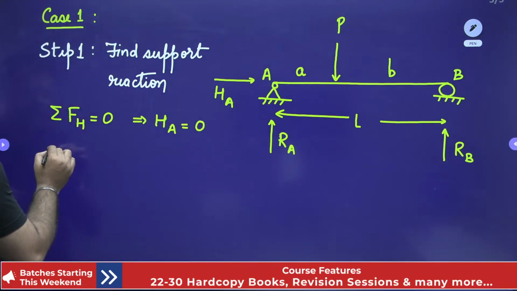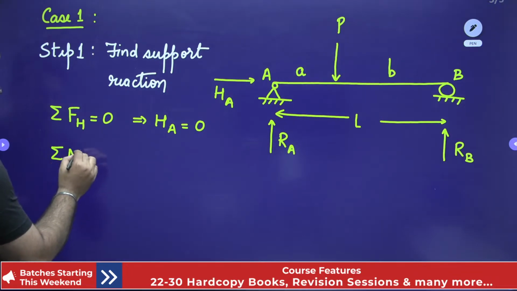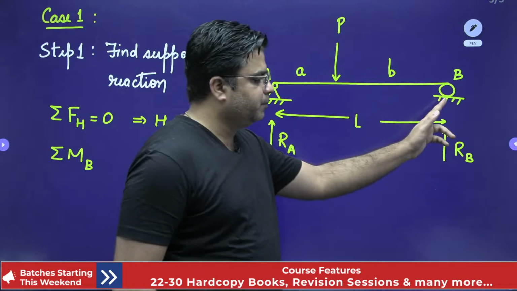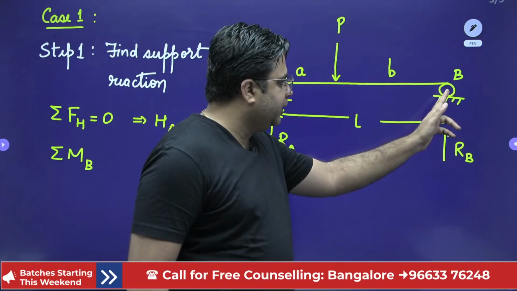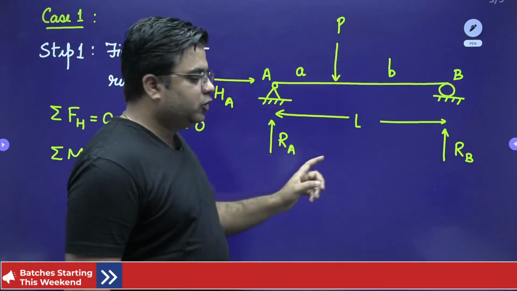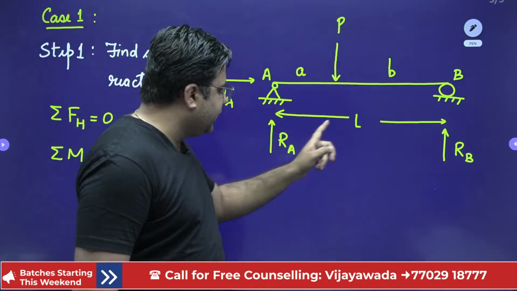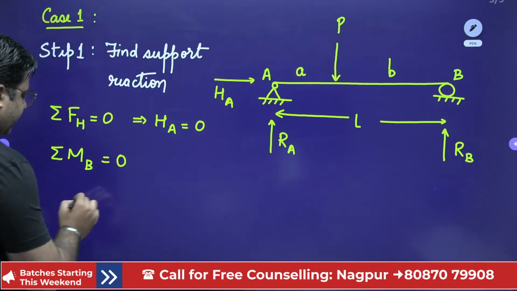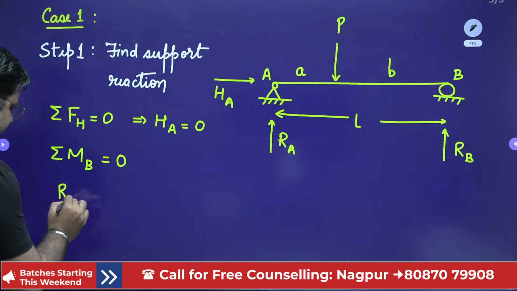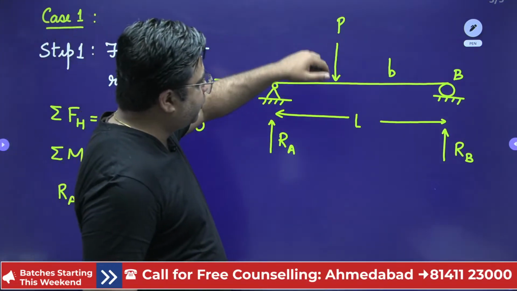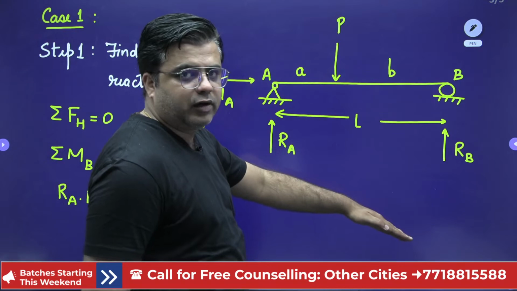Next, I'll take summation of moments about point B to be 0. About point B, the first moment will be due to RA, and this is a clockwise moment. So the moment of RA is RA into L, and this is clockwise, so I will write RA into L. The second moment will be due to this point load, and this will be an anti-clockwise moment.